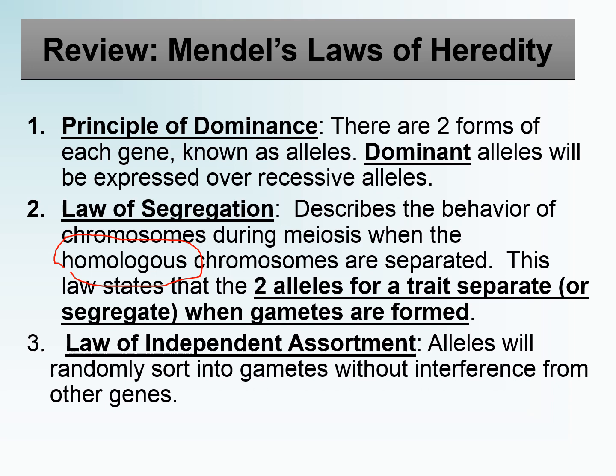They're going to have the centromeres in the same location, the same genes located in the same spot. This law states that the two alleles for a trait separate or segregate when the gametes are formed. Number 3, the law of independent assortment says alleles will randomly sort into gametes without interference from other genes.